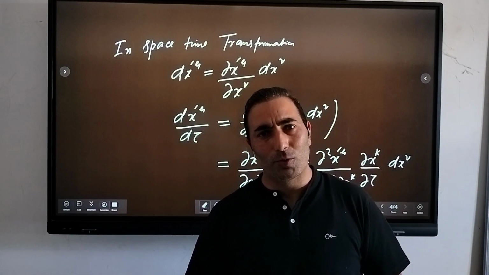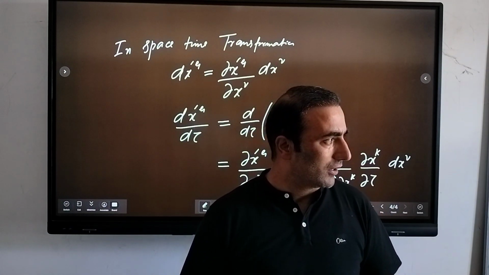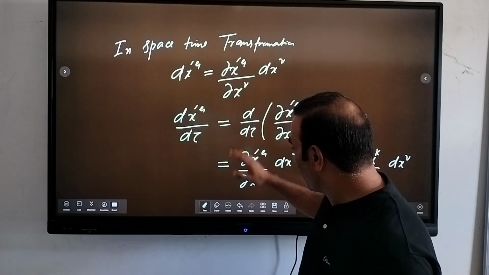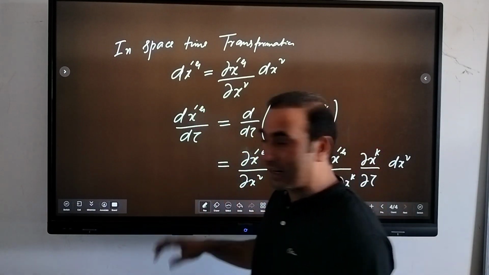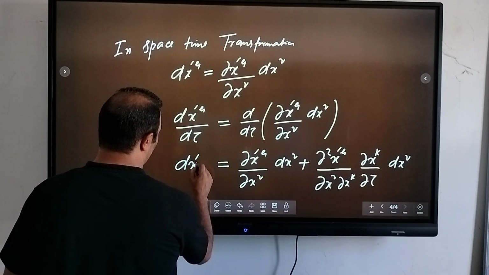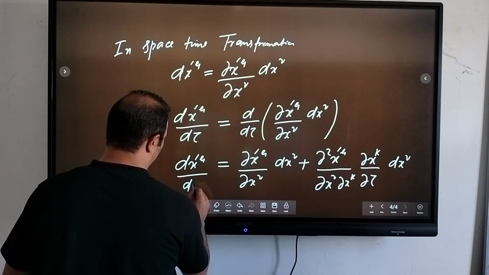But if you talk about the general theory of relativity, or a general space-time transformation, you can say that in the coordinate differentials we have the second term also, the second derivative. So this is our dx prime nu upon dtau.